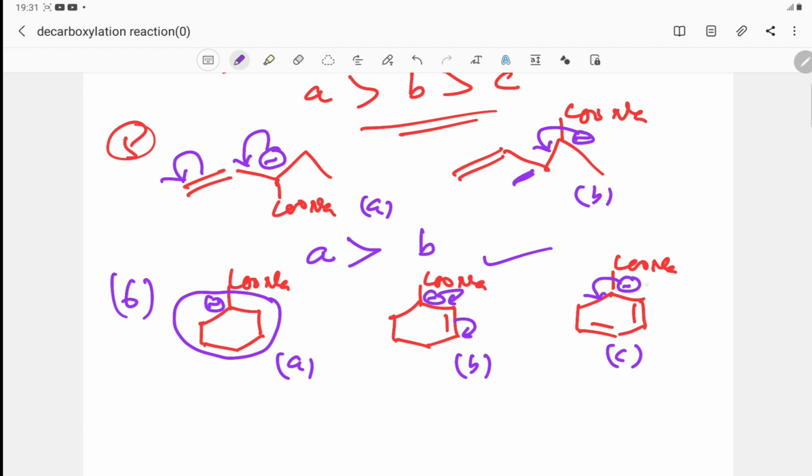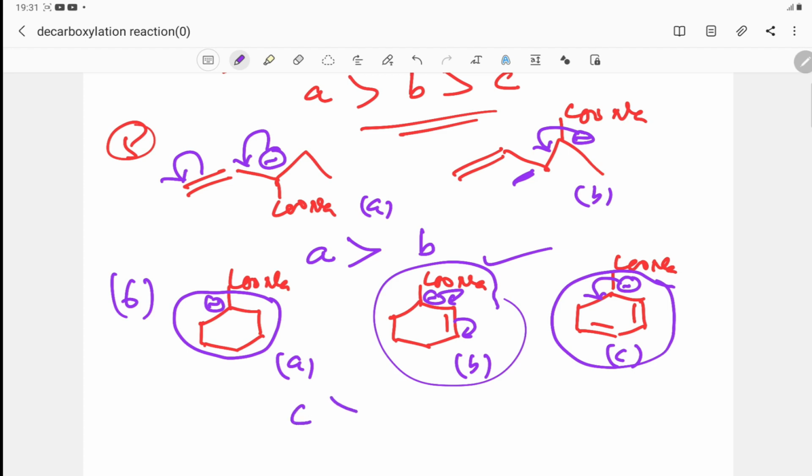Here this carbanion is more stable compared to the second one. So C will be more reactive than B than A, because in case of C, delocalization is faster because a benzene ring will be formed. The benzene ring having 3 pi bonds is easily delocalized by resonance.